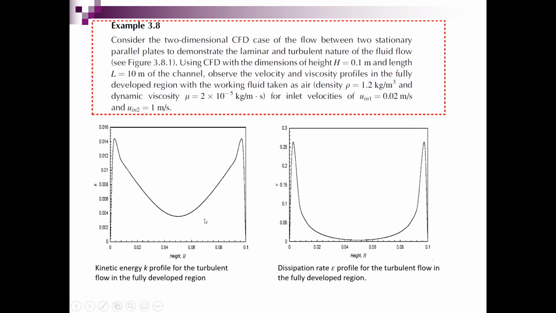Okay, this is how the kinetic energy K profile and dissipation rate look. These two figures show, on the left, the kinetic energy K profile for the turbulent flow in the fully developed region, and on the right, the dissipation rate of energy profile for the turbulent flow in the fully developed region. As you can see on the left, the kinetic energy near the wall is very high.